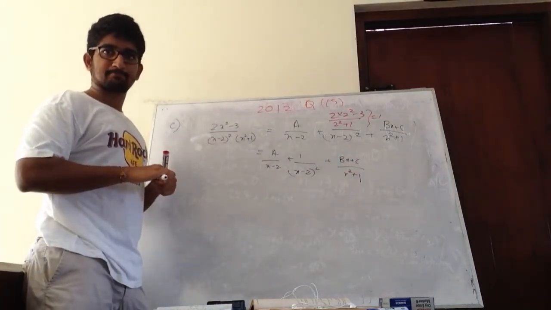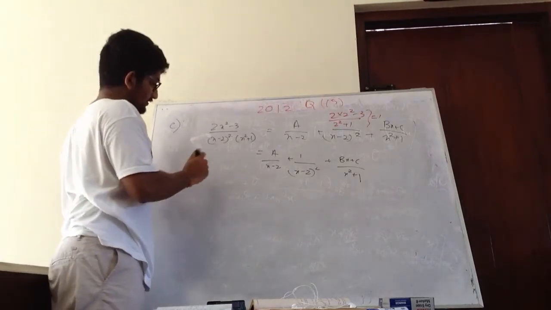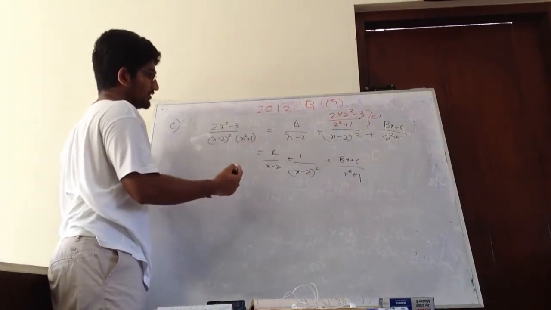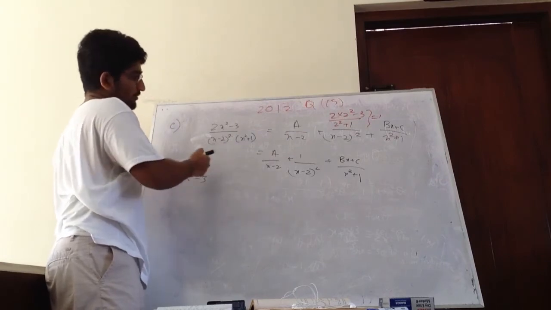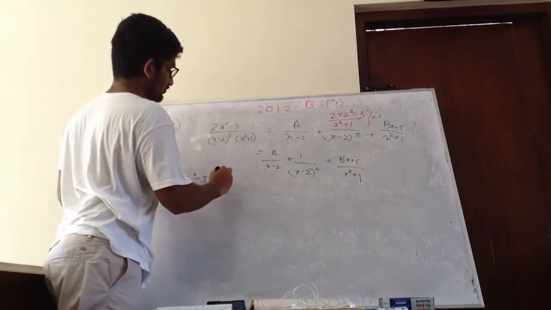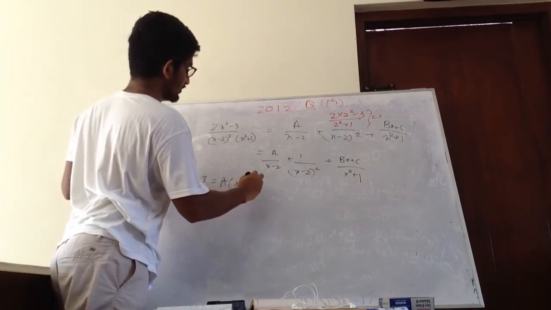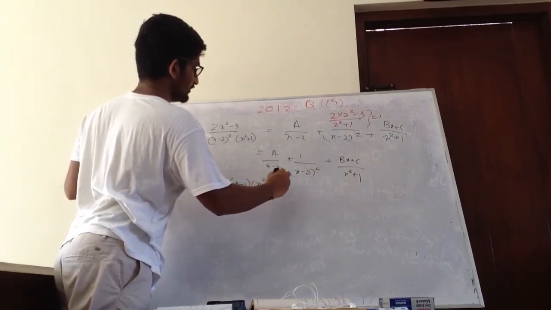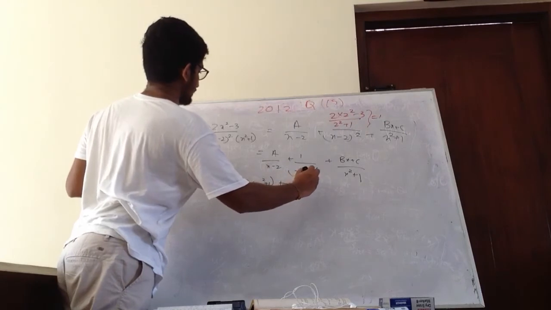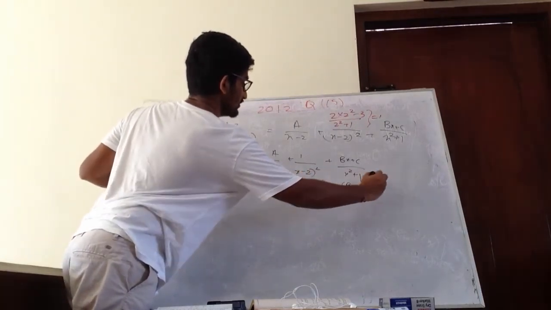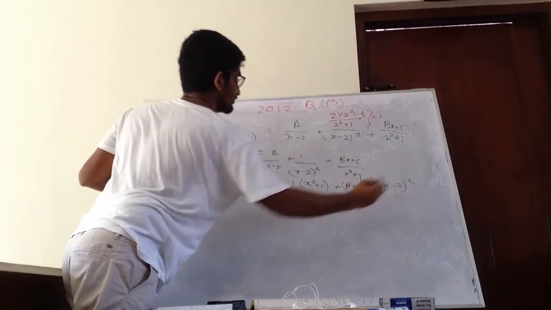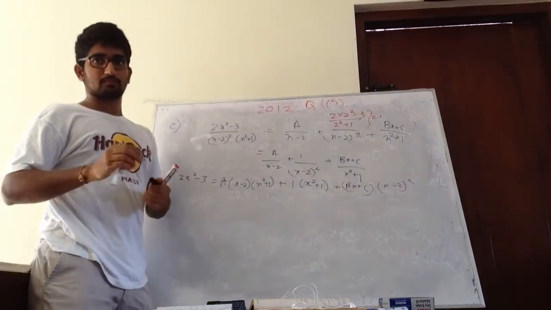Correct? So then you have to basically find A, B, C now. So I'm going to multiply the whole thing: A x minus 2 x squared plus 1... x squared plus 1 plus bx plus c x minus 2 squared.